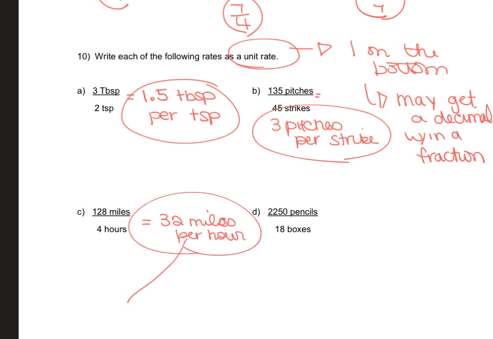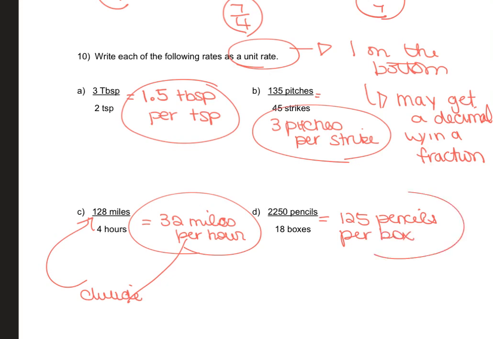Remember, per means divide, which is exactly what you're doing with that fraction bar. And that last one, 2250 divided by 18, we get 125 pencils per box.